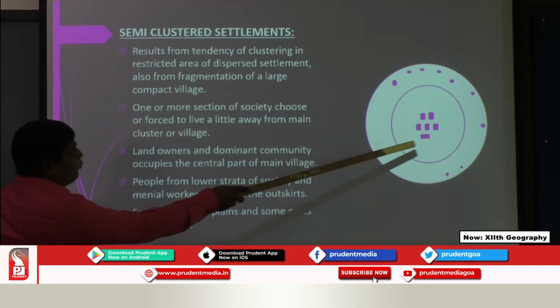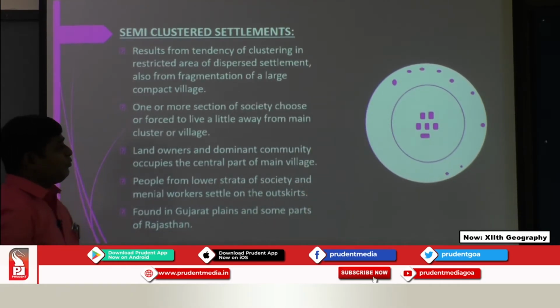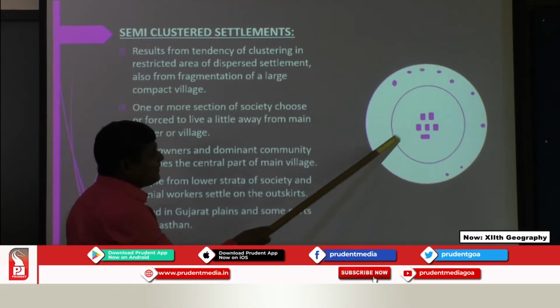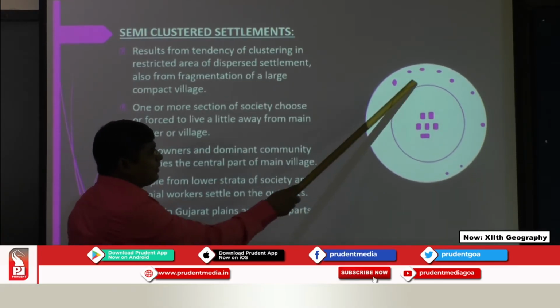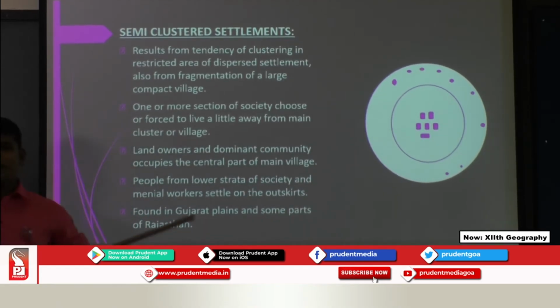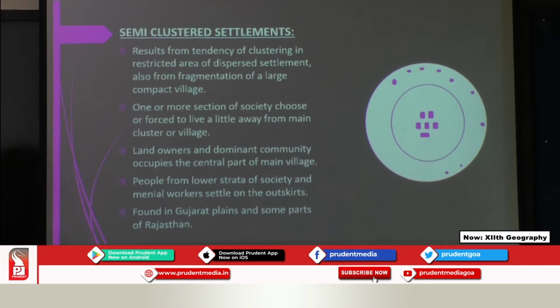Maybe for example, if you find this entire area where the settlement is found, there is going to be a compact village here. So it could be segregated, fragmentation could be done. One region is here, one could be here, one could be here. So this fragmentation is going to be called semi-clustered settlements.